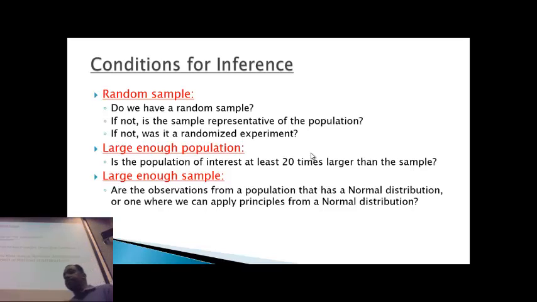Do we have a random sample? Is it representative of the population? Was it from a randomized experiment? That sort of thing. You'll see me vacillate between large enough population and was the sample small enough?